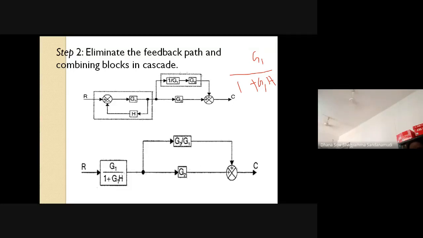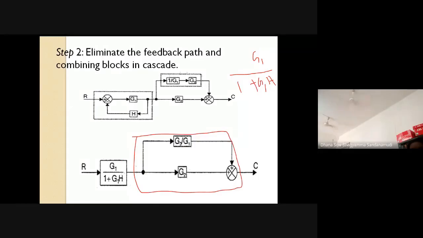This is a parallel path. Parallel path means simply you have to add the magnitudes, so G2 plus G3 by G1. You can write it like that.